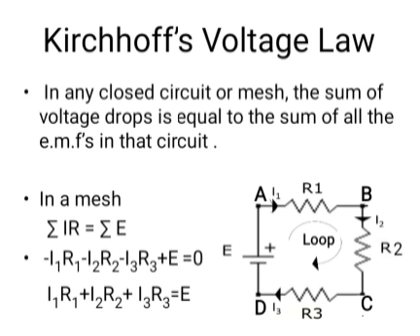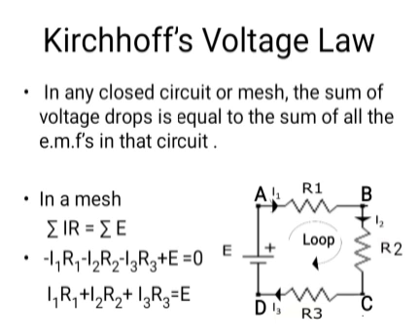I am starting from A, I1 into R1. The voltage drop across R1 is I1 into R1, so minus I1 into R1, because the fall in potential in a resistor is taken as negative.